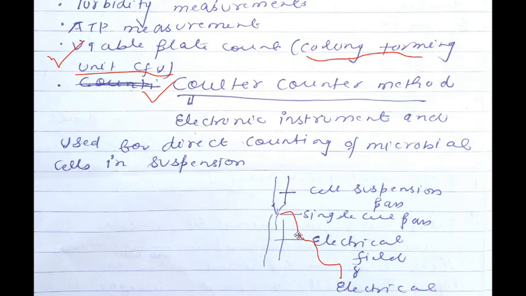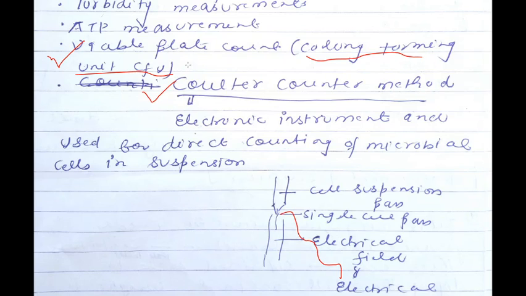This electrical impulse is recorded by the machine, which finds out how many cells have passed through this orifice. So you can find out how many cells are present in the cell suspension, taking 100 or 200 microliters of the suspension. But there is a drawback of this instrument: it counts both dead as well as live cells.